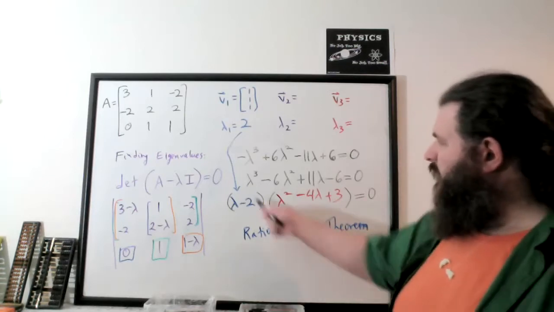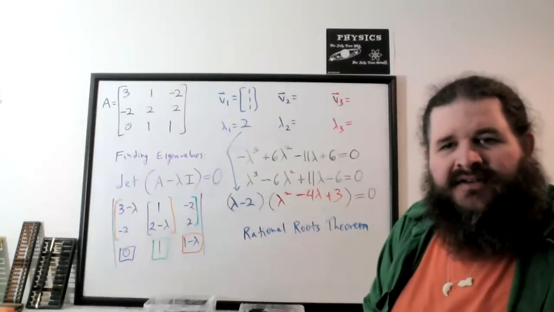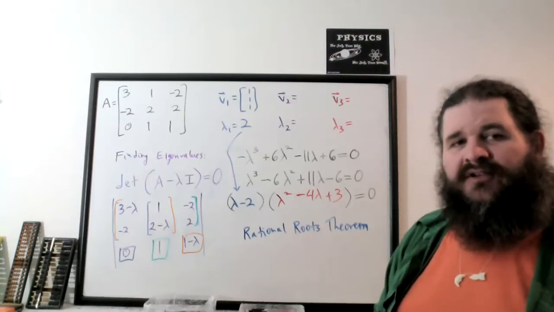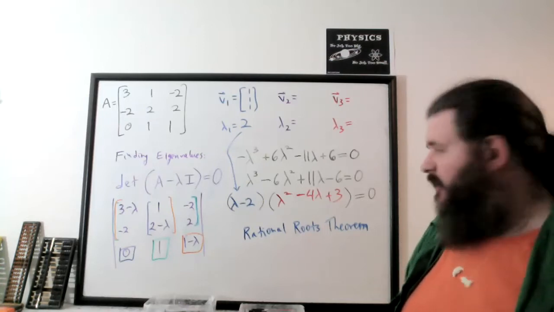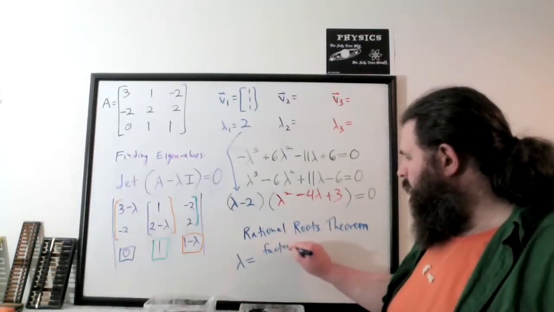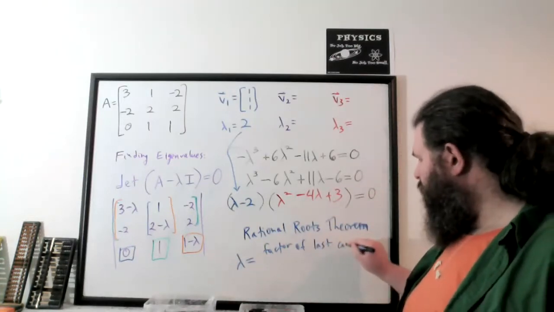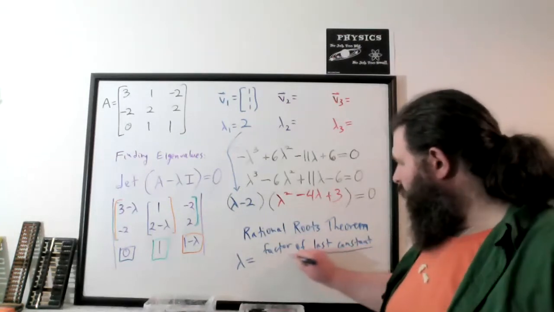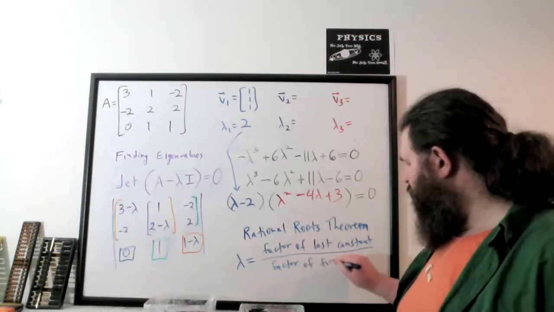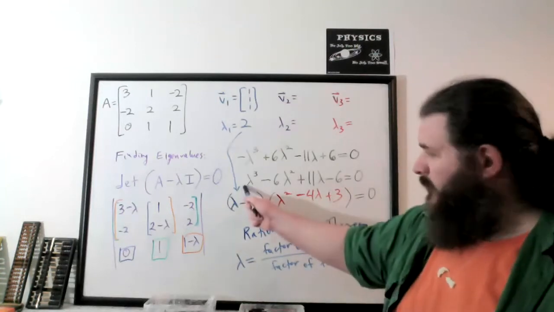Rational roots theorem. It basically says that if you've got any polynomial with whole number coefficients, then you can write a list of all the possible rational roots. If any of the roots are rational, they have to be in the form lambda equals a factor of the very last number, the last constant, over a factor of the first coefficient, which is this one.